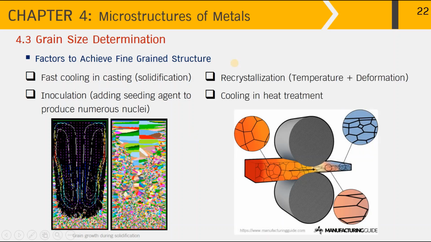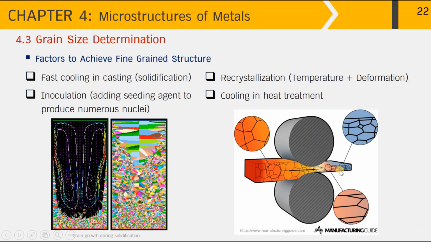For metal processing that involves working operations, for example, one like this, the metal slab is subject to hot rolling. In this situation, the larger metal grains are subject to high temperature and plastic deformation at the same time. This will result in recrystallization as a result of temperature and deformation simultaneously applied.